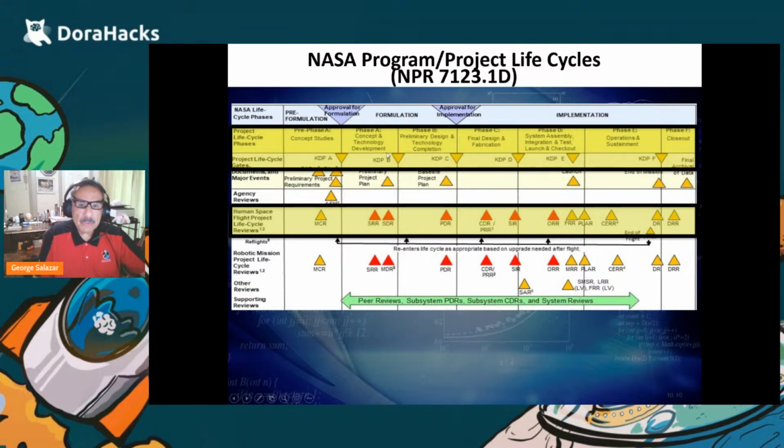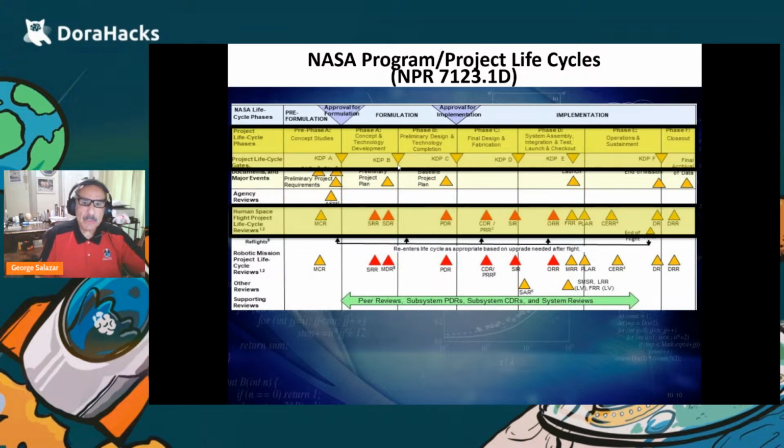Each one of these has a control gate. They're called key decision points, KDPs, and I'll go through them briefly later in my talk. Key decision points basically ask, are you ready for the next phase? And you certainly don't want to get approval for funding when you are not ready to go to the next phase.